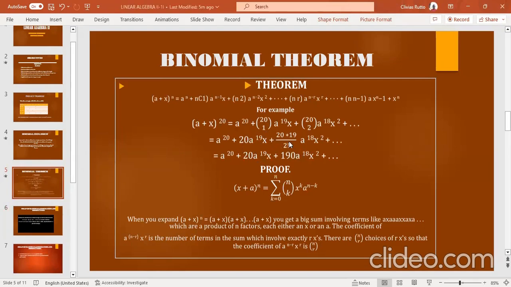This goes on like this all the way. So the answer will be the successive series of A to the 20 plus 20A to the 19 X from our formula, plus 190 and so on. That is, the first coefficient of A is 1, and for A power 19 the coefficient is 20.